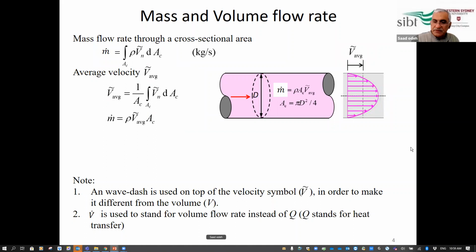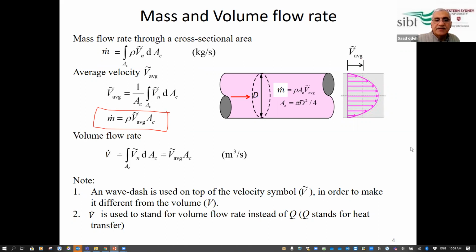Okay, now we know how to find the mass flow rate inside a duct or a tube or a pipe. And volume flow rate is quite similar. It is the average velocity multiplied by area. So in mass flow rate, we add the density, which is rho, while in V dot, which is the volume flow rate, we have only velocity multiplied by Ac.